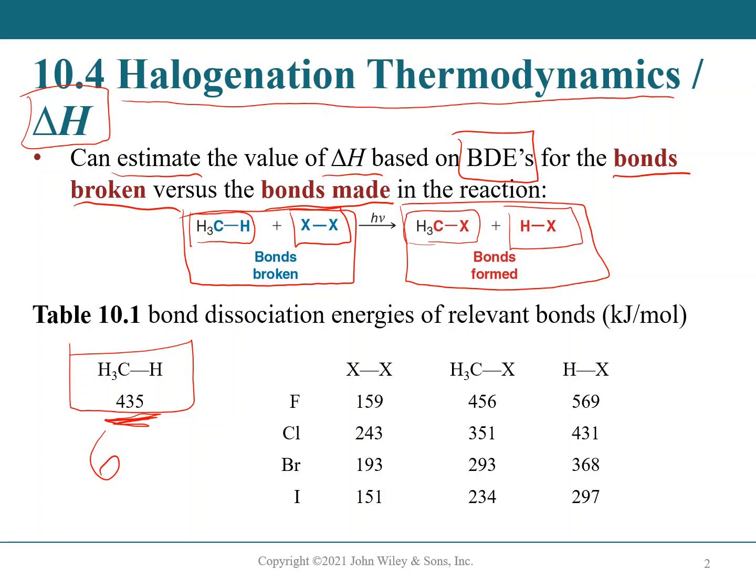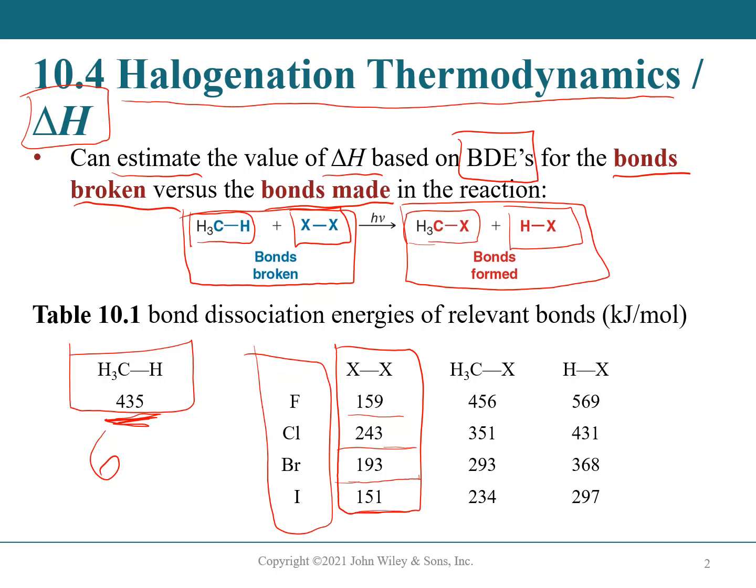And then on the right-hand side of the table, we have all of the different halogens. So you can see the first column gives us the data of the halogen-halogen bond. You can obviously see there's differences in the strengths. A fluorine bond is weaker than a chlorine-chlorine bond, which is a little bit stronger than a bromine-bromine bond, and the weakest being an iodine-iodine bond.